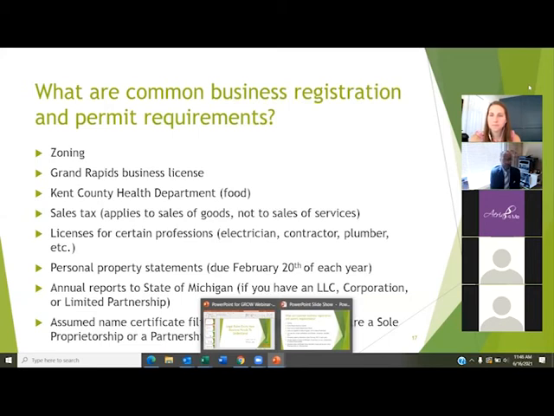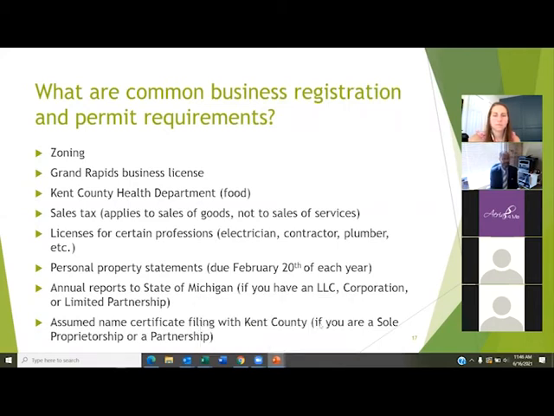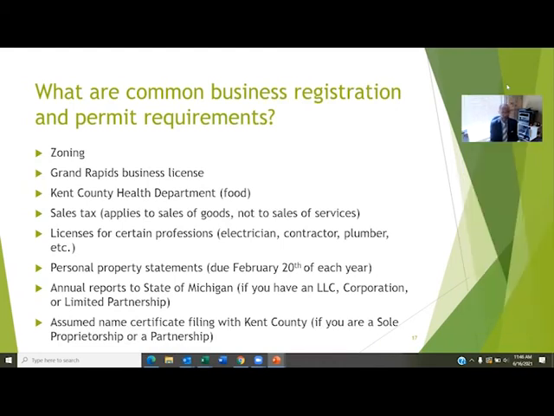Some other things before creating an entity, and this is just a general tip, of course: you should never sign blank forms or anything, or sign on behalf of an entity that is not yet formed, because obviously if it never becomes formed, you don't have any protection under that sort of thing.